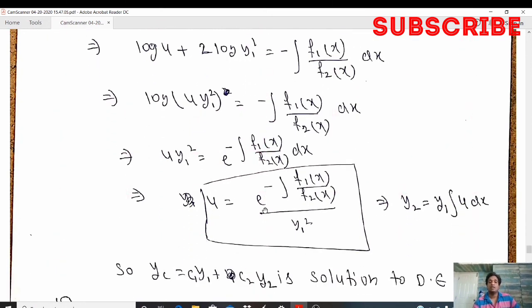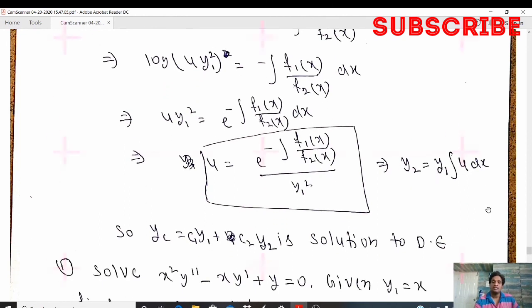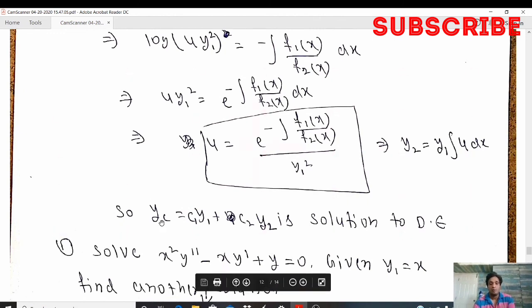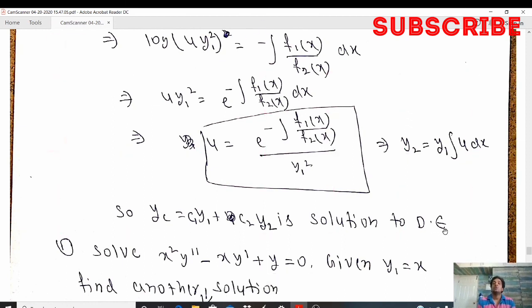U is equal to e power minus integration f1(x) by f2(x), divided by y1 square. So y2 will be y1 into the integration dx. Then yc will be yc equals c1 y1 plus c2 y2, a solution to our homogeneous differential equation.